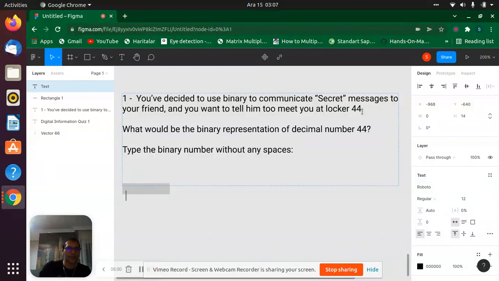So if you think 2 to the power of 5, I think 2 to the power of 5 has to be 32, right? 2 to the power of 6 has to be 64. And then, yes, we have to go together. Now we have to put there 6 bits, right? Because 2 to the power of 6 is 64.